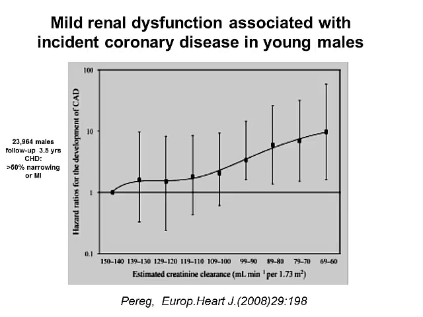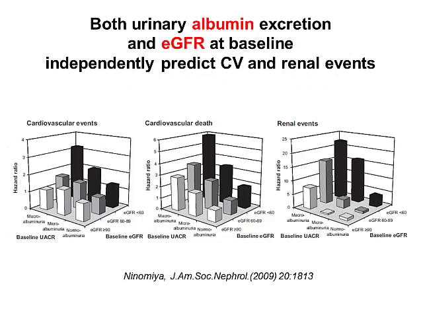So this is, for example, what is going on if you look at mild renal dysfunction and association with coronary disease, and you see the curve is going up as soon as you have a decrease in renal function. And this scheme is combining the proteinuria and the GFR, and you see that when the GFR goes down and the proteinuria goes up, the risk to develop cardiovascular death and cardiovascular events is also increasing.